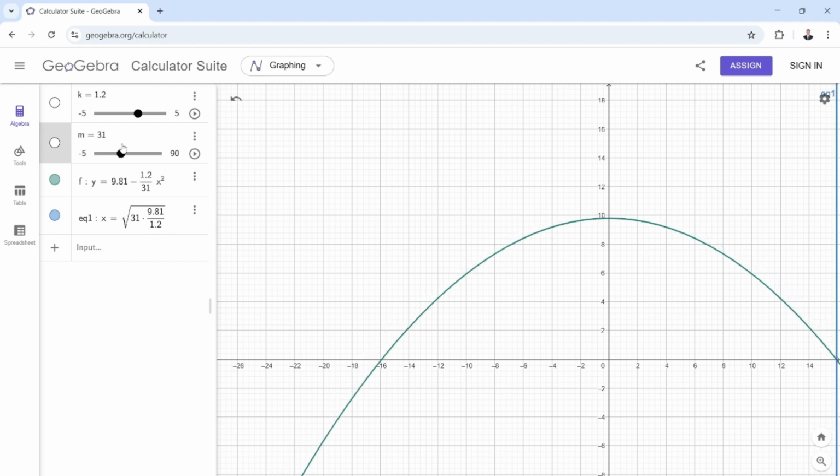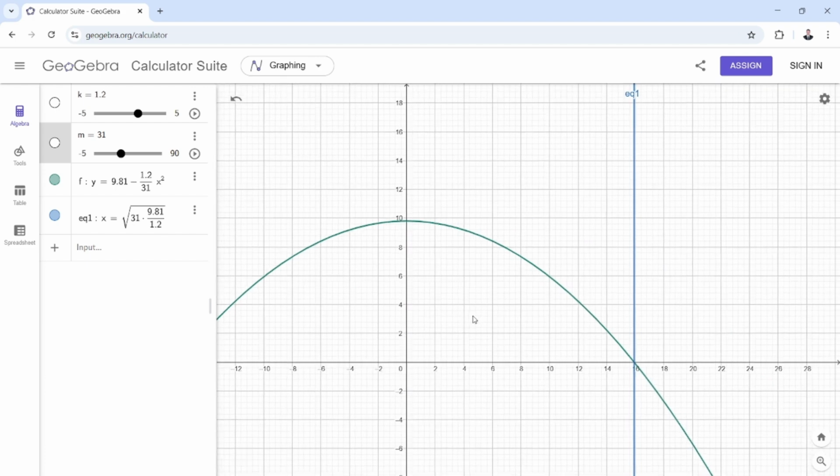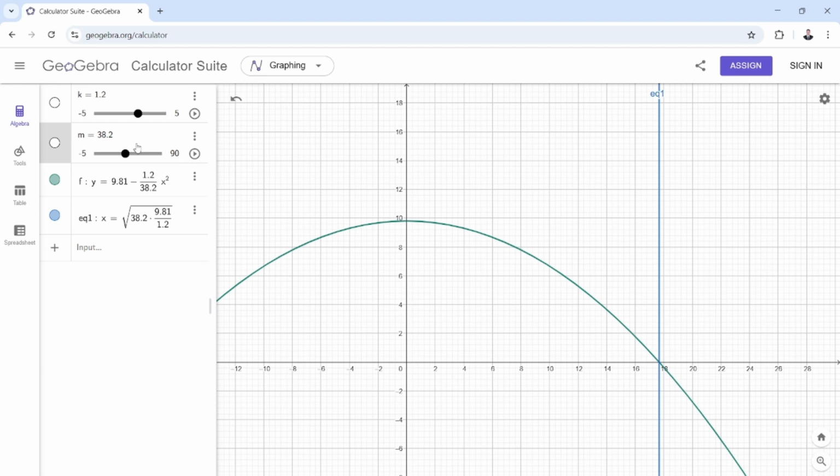So how does it change? This parabolic graph here is actually the graph of your dv over dt, or your acceleration, right? Acceleration, or dv over dt, is equal to 9.81, which is the g, minus k over m x squared. So what happens if we increase our m? What happens to our dragging force? Let's study this graph.